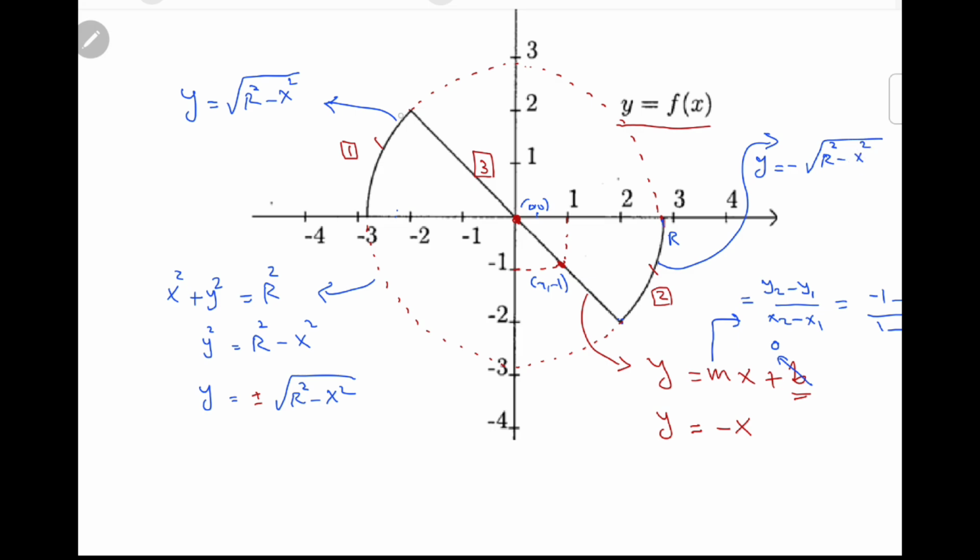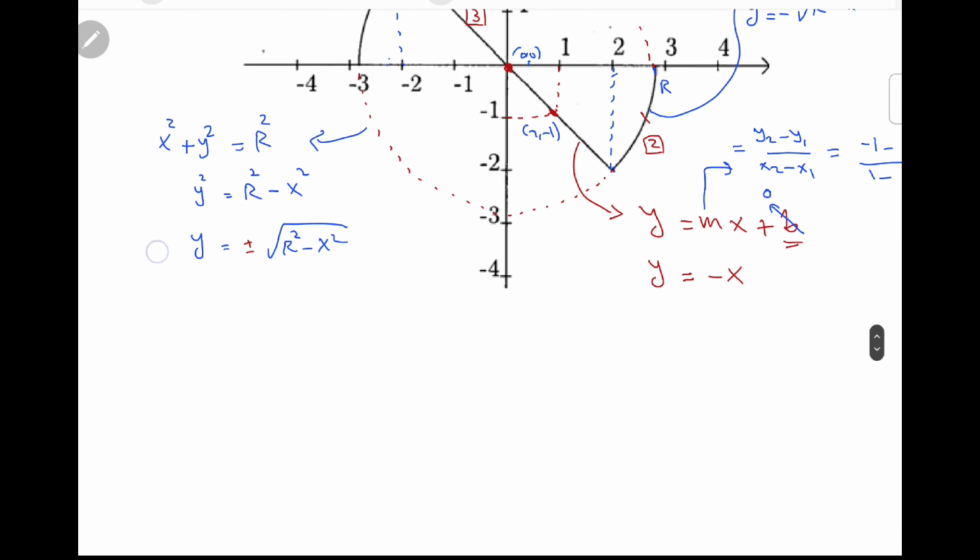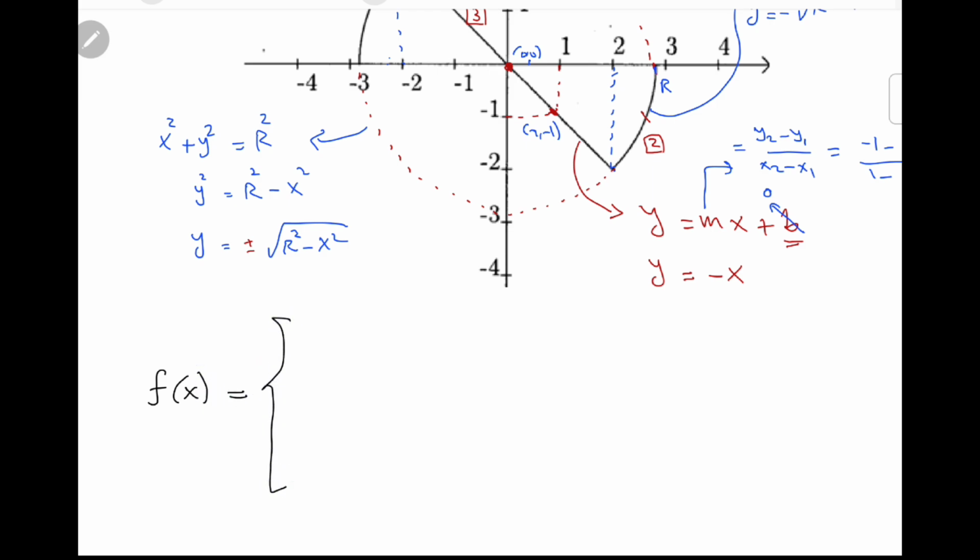So it's clear now we can express f of x as a piecewise function given by the following expression. We can say that f of x is equal to, open a curly bracket.